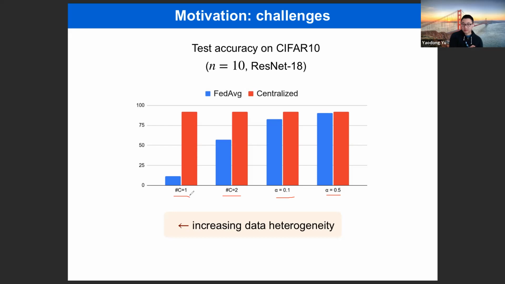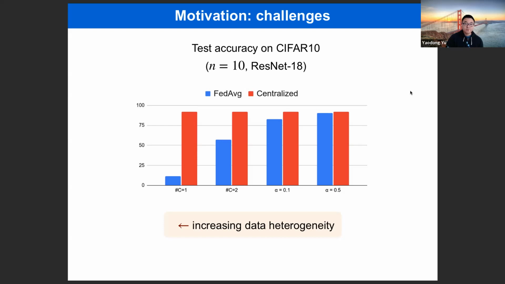In this case, if you just do some local training, you cannot learn anything useful because you are learning some all-one classifier. You are mapping all your samples to one class, and the accuracy drops a lot. This is a very simple experiment to demonstrate how challenging this very simple type of distribution shift, label shift, is.